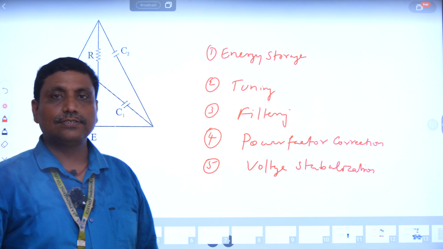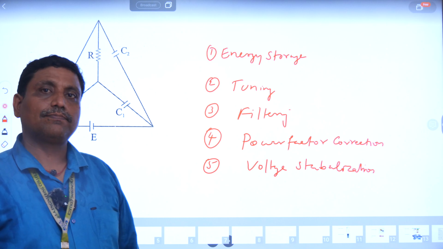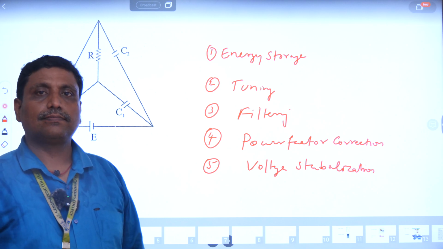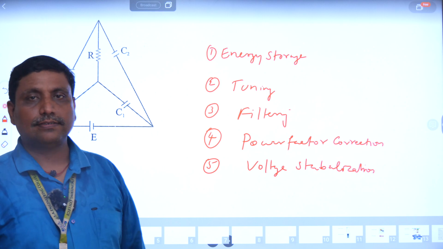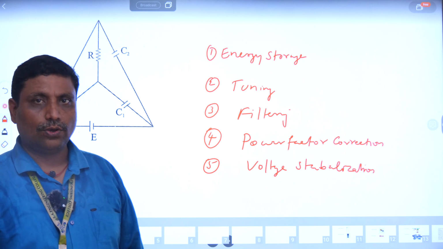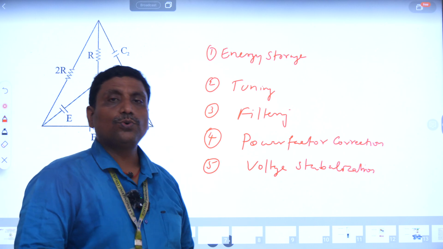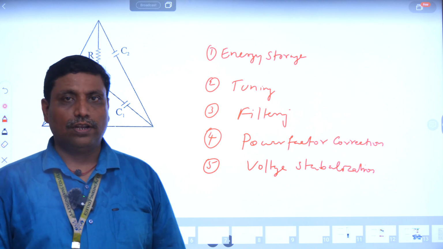Different types of capacitors are available: electrolytic capacitor, film capacitor, mica capacitor, tantalum capacitor. So various capacitors are available. Okay. For energy storage, normally the capacitor stores the energy in the electric field.